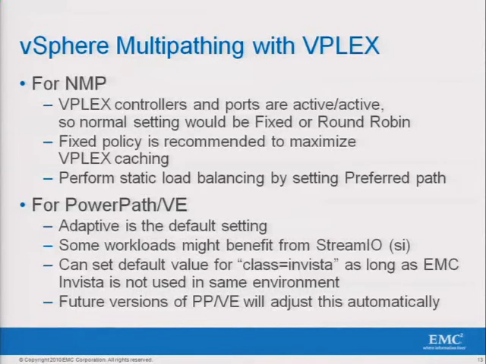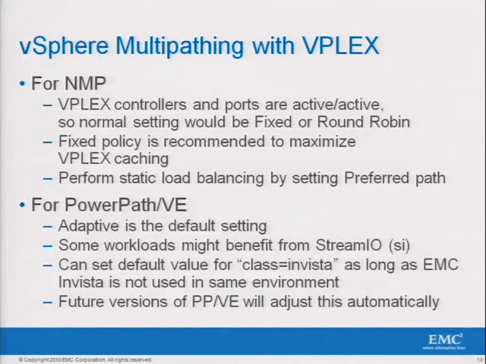What this means is that normally it's going to use the active SATP storage array type plugin, and either the fixed or round-robin multipathing policies would be appropriate, either one. Now, because vPlex does some caching and does some cache consistency algorithms, we generally recommend the fixed multipathing policy. This ensures maximum efficiency for the caching algorithms that vPlex provides. And then you would perform static load balancing across those paths, but just by setting your preferred path.